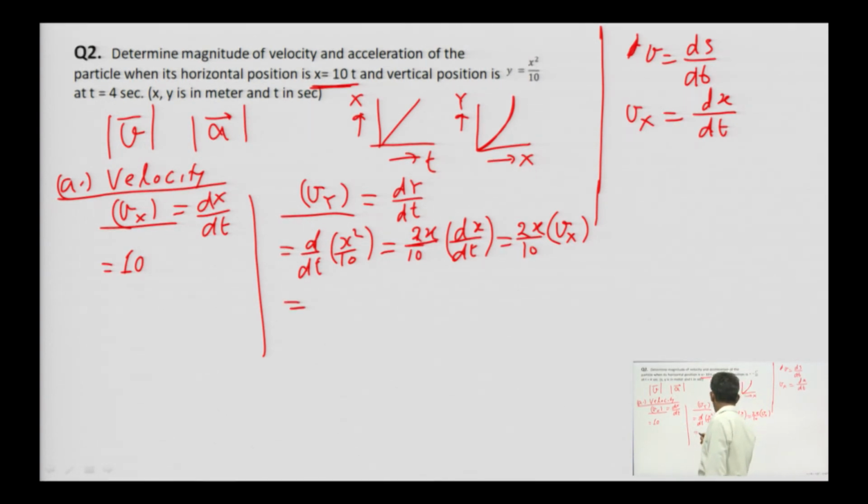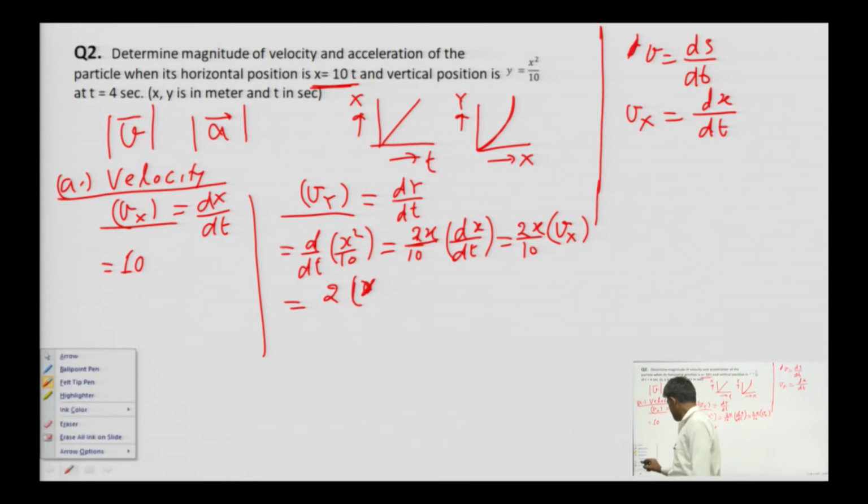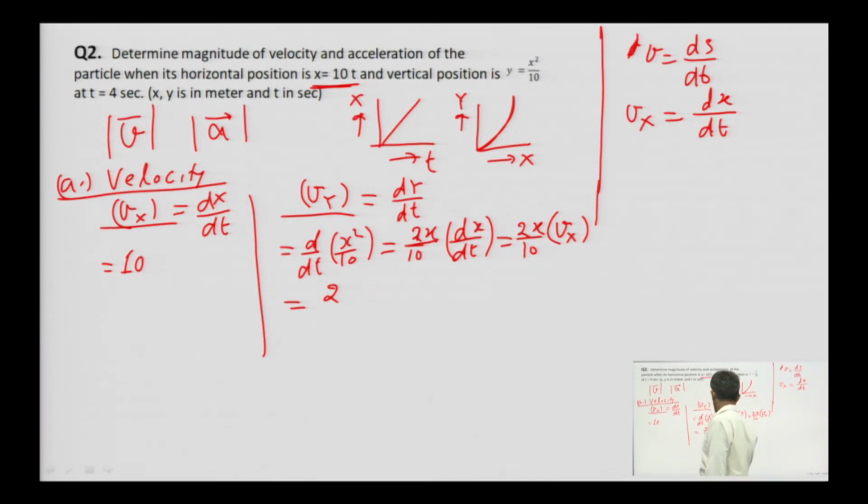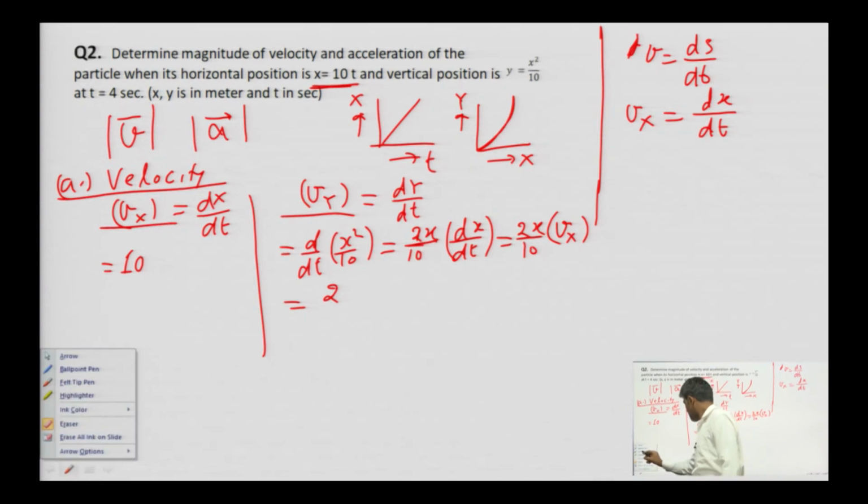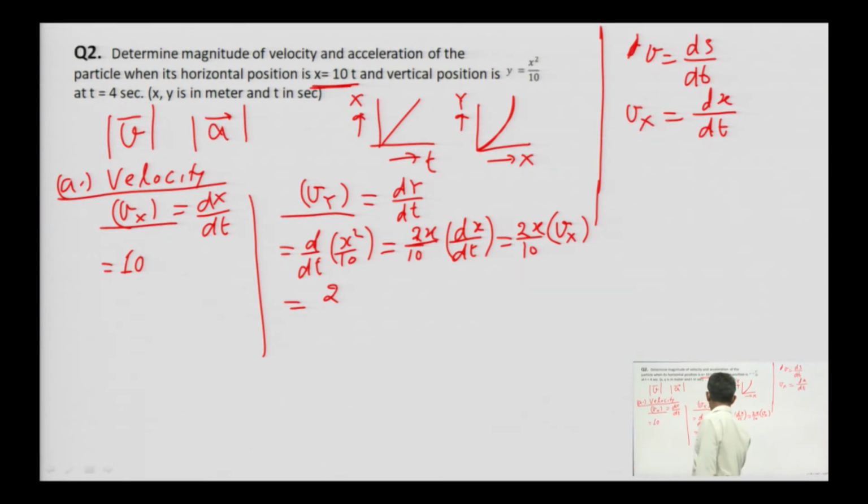So, the vy component is 2 into x by 10 into 10. So, what are we getting? 2x.